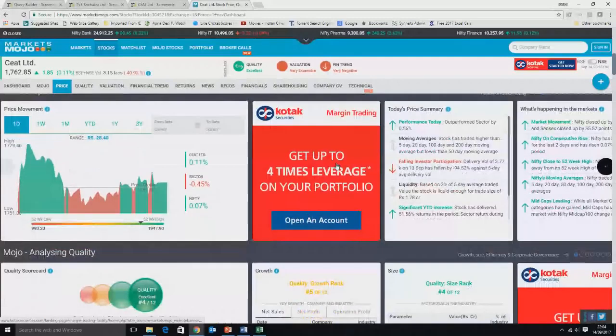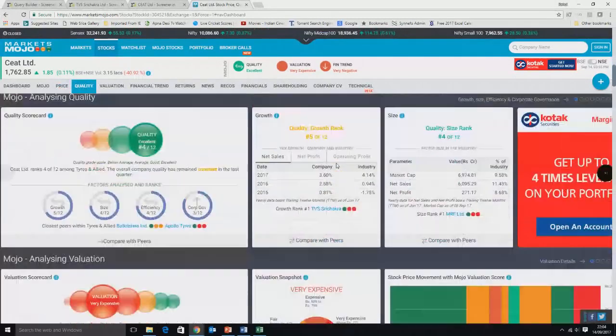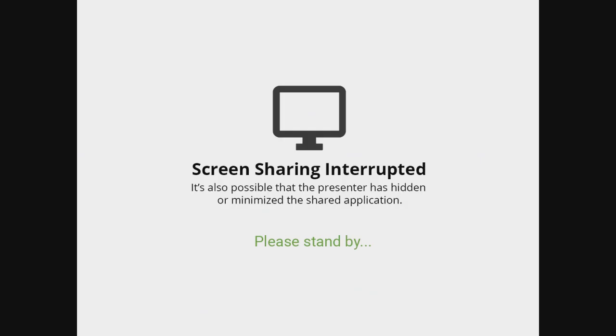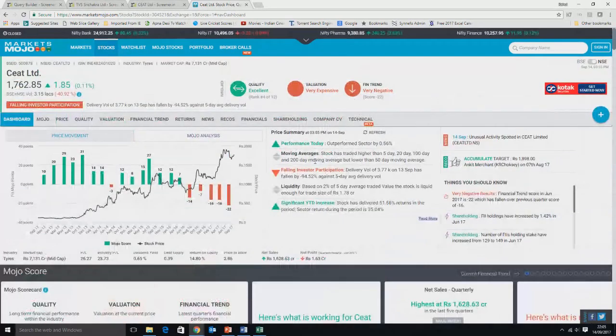This is another thing you can have a look at to find out more information about those stocks fundamentally. It is a good website which provides a lot of information about any particular stock. So first you deal with the screener, and then afterwards you should have a look at Markets Mojo if you have the time.